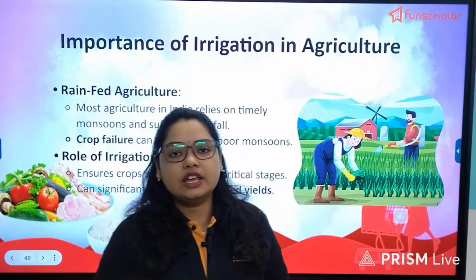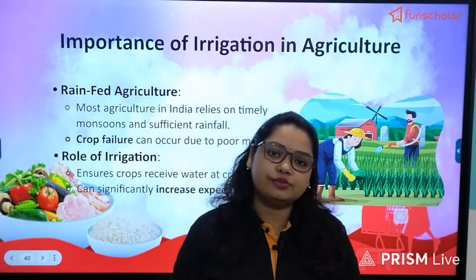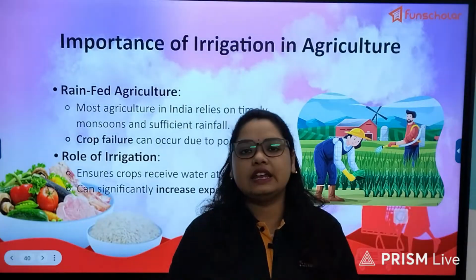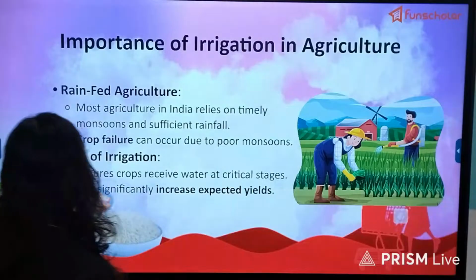So in the presence of water all the physiological functions will happen smoothly and it will lead to healthy growth of the crops.